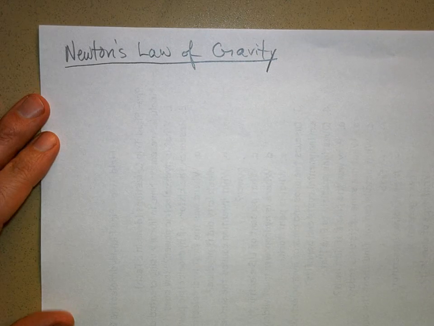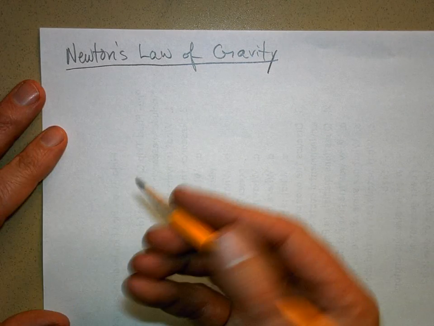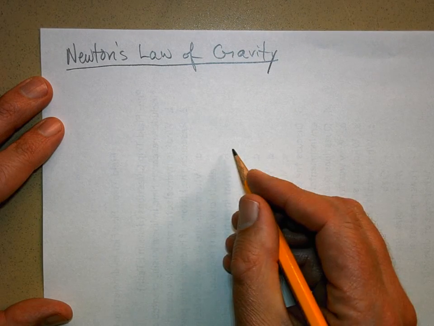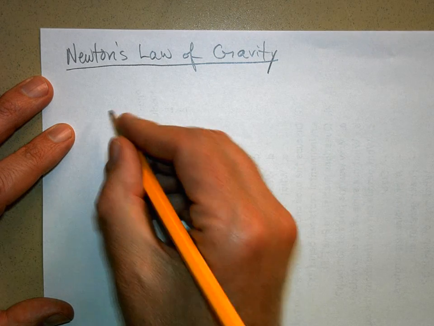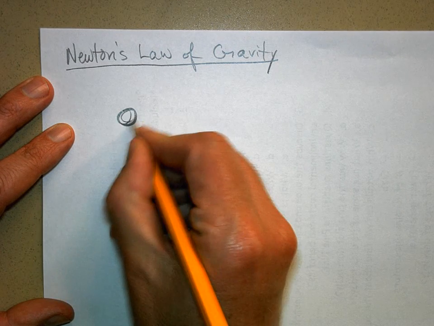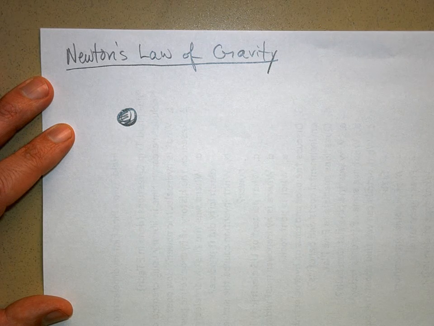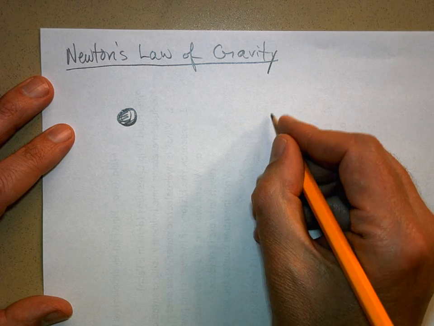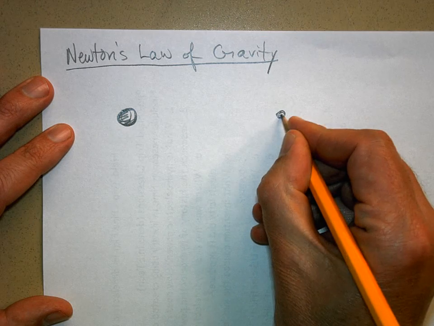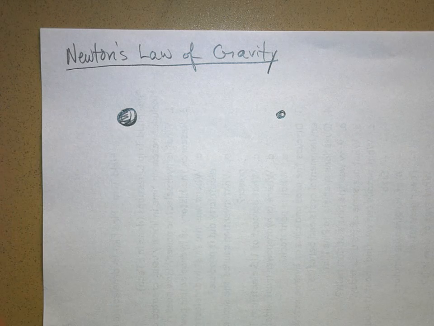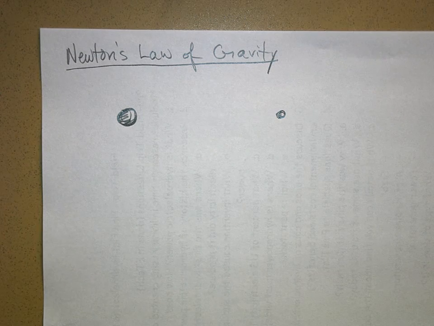Now, here's the bottom line of the theory. This is the real essential aspect of Newton's law of gravity. Suppose you have one massive object. It could be planet Earth, for example. And out here is another massive object, perhaps the moon. Those are the two objects that Newton was really into.